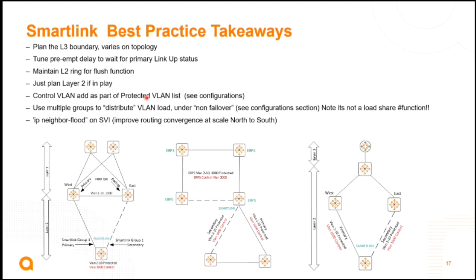You see that in the configurations. Use multiple groups to load share the VLANs, but remember, this is not a hashing function, so it's not done on source destination or anything like that. It's just a simple, crude load share distribution, effectively. And please use neighbor flood on the SVIs for the north to south links coming downwards in this direction.